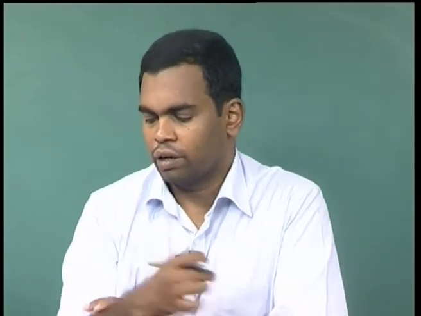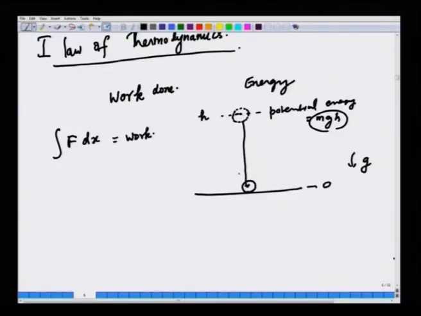Okay. So, we can change the energy of the ball by doing work on it. We can also take work out of the ball, and we can change the energy. For example, suppose you place this ball on a plate, so you are moving this ball from ground level up by doing work on it.